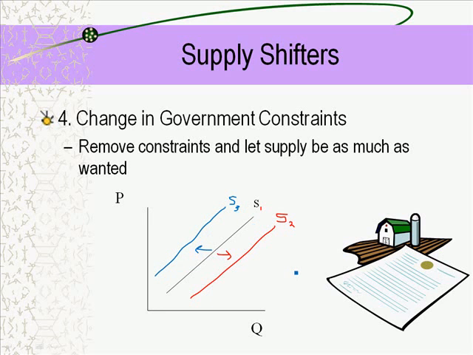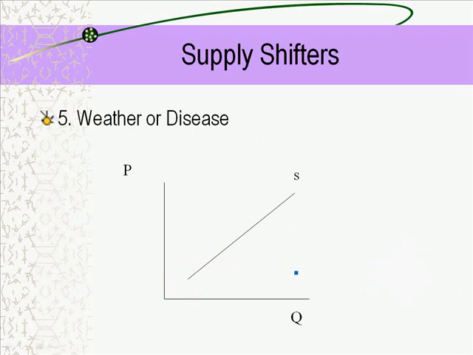So just like with demand, it's really important to read the scenario and actually understand what they're asking for. And in this case, when we're shifting supply, we need to think like a producer. We need to think like someone who is a supplier. Weather and disease is another supply shifter. If we have really good growing weather, supply will increase.